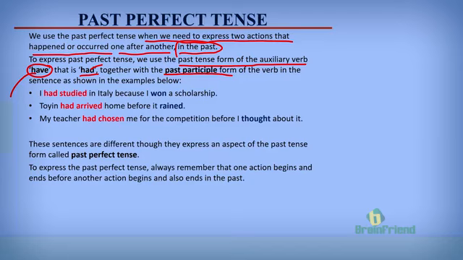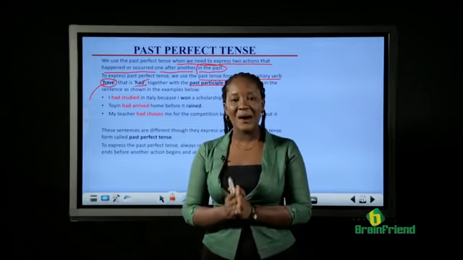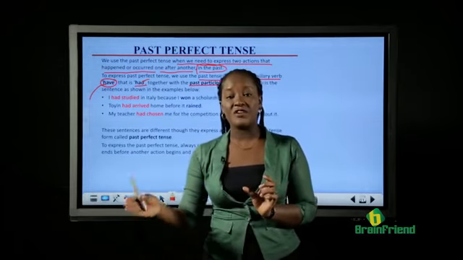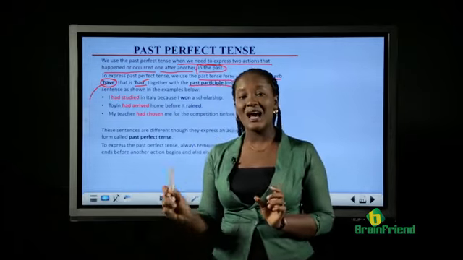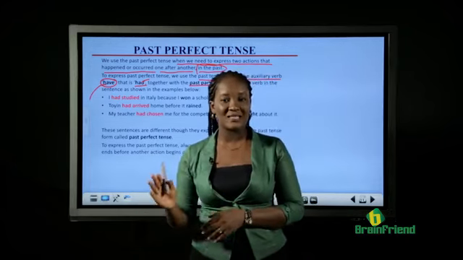We did say that we express the past perfect tense using the past tense form of the auxiliary verb have, which is had, before the verb. Now, whenever you have the past tense form of have, which is had, before a verb, that verb which comes after had will be the past participle form of that verb.